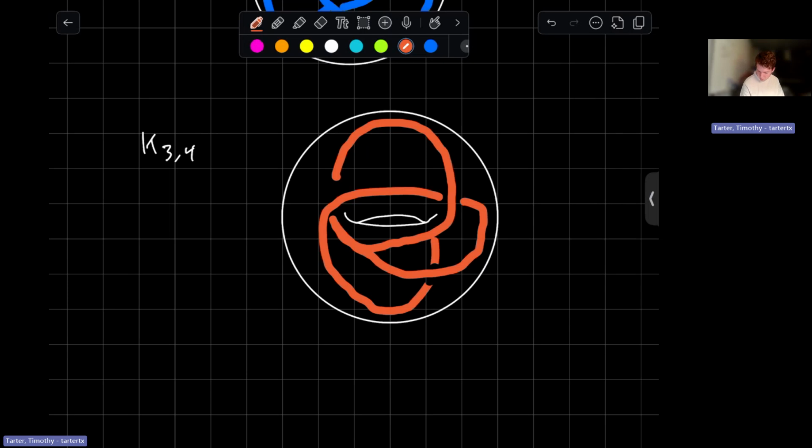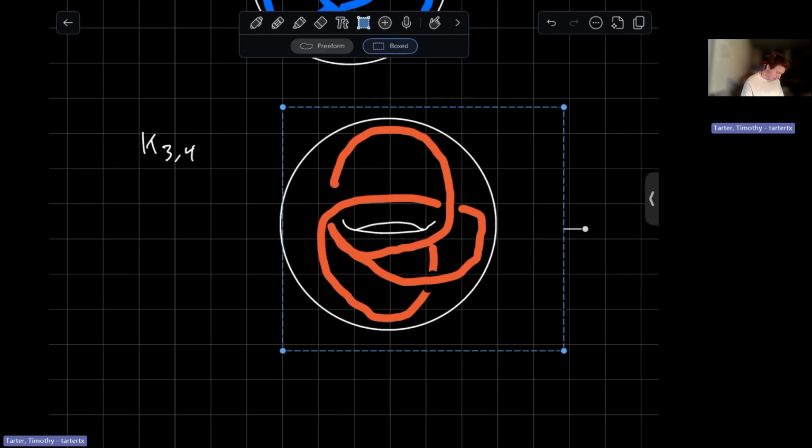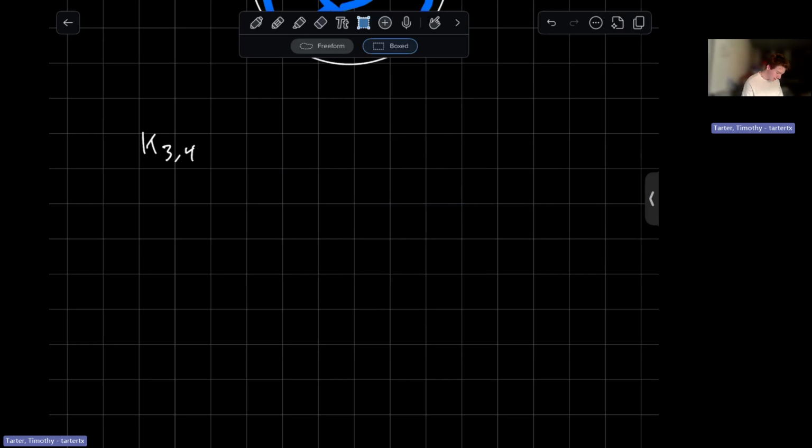I'm not sure if those two lines intersect. I really don't know. They don't. I'm going to give up on this one. Look in the book. I'm not an artist.